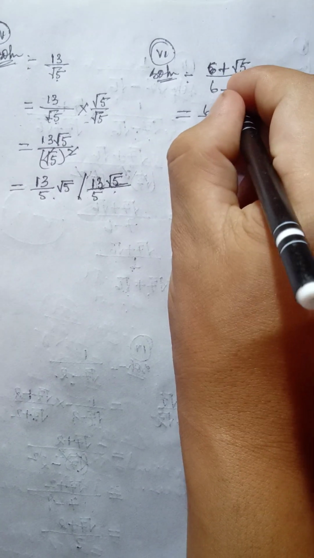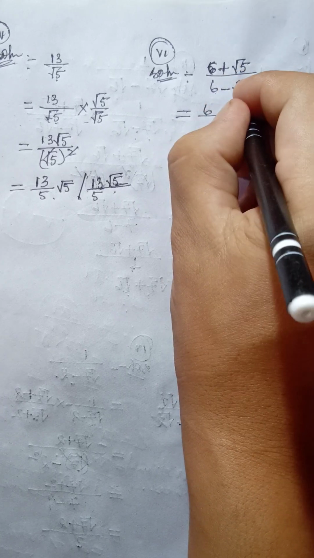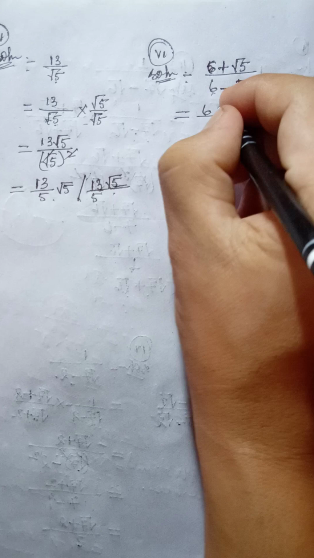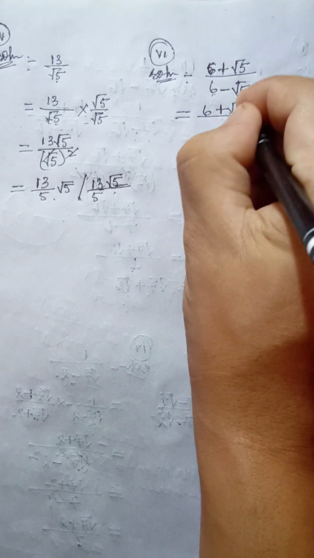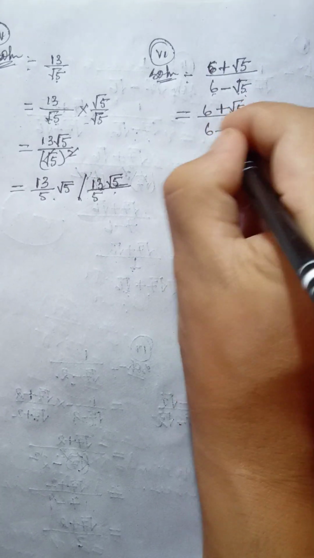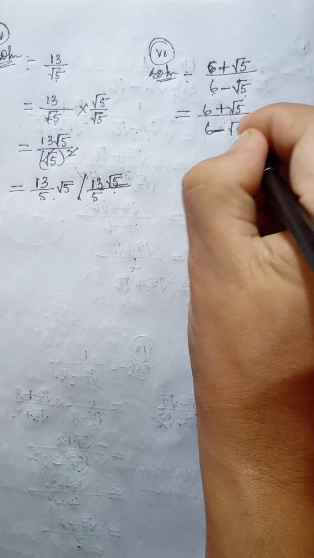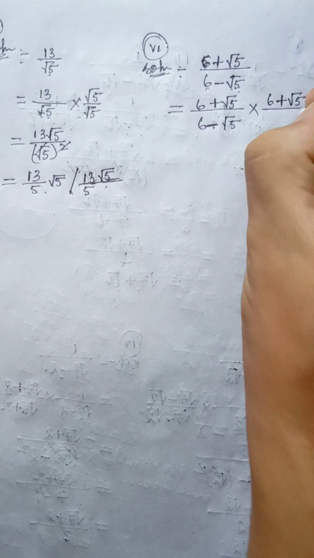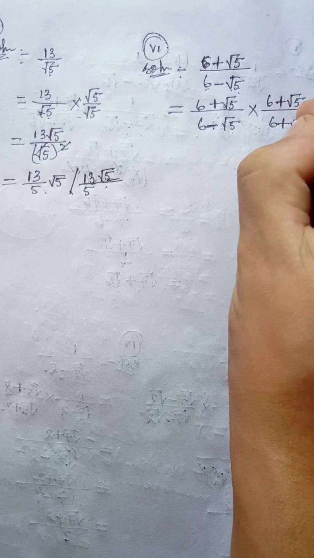Even here we have to rationalize, or convert this irrational number into a rational number. 6 plus root 5 divided by 6 minus root 5. Here it is minus, so we have to write plus here. 6 plus root 5, 6 plus root 5.